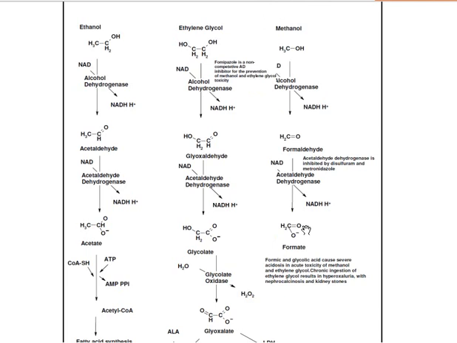Is it clear? But in the absence of ethanol, you can still use ethylene glycol, so that it can compete with methanol at the level of alcohol dehydrogenase, so that methanol is not metabolized.